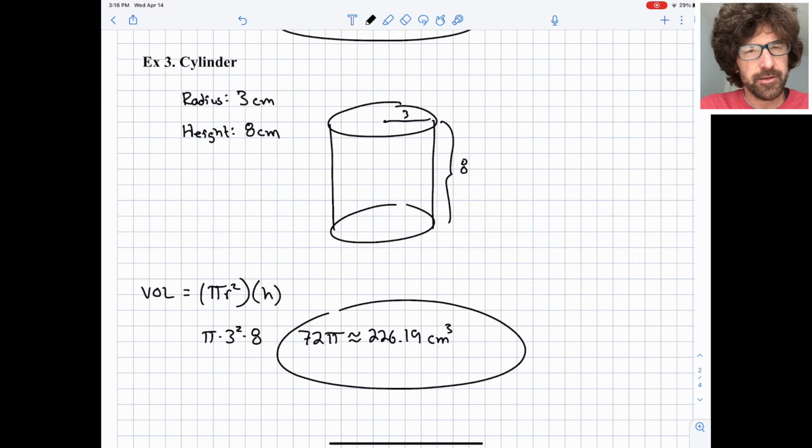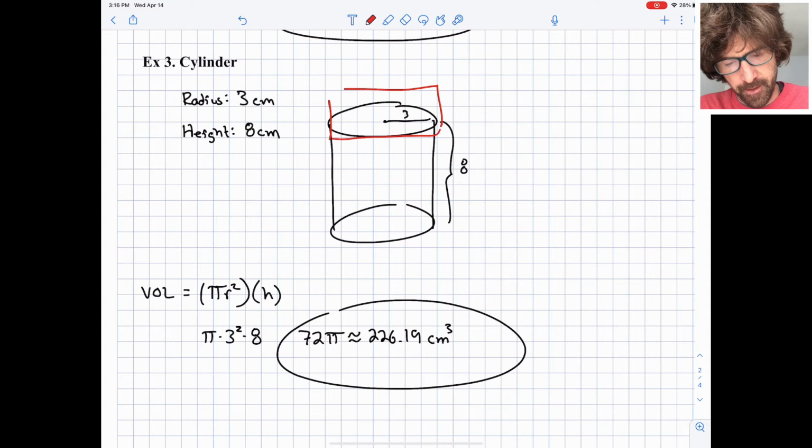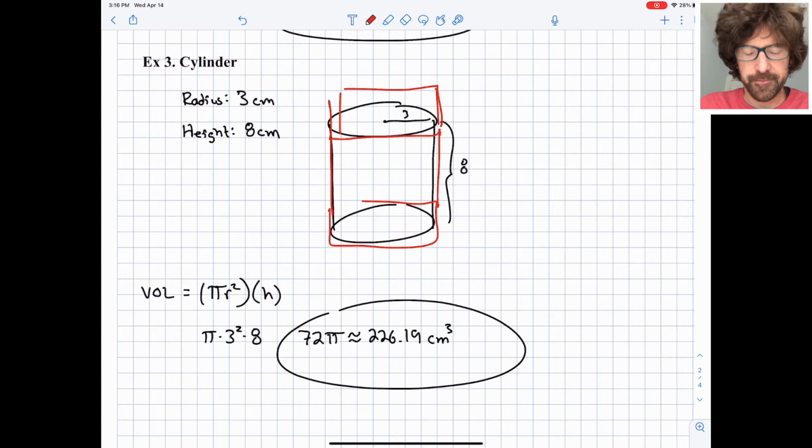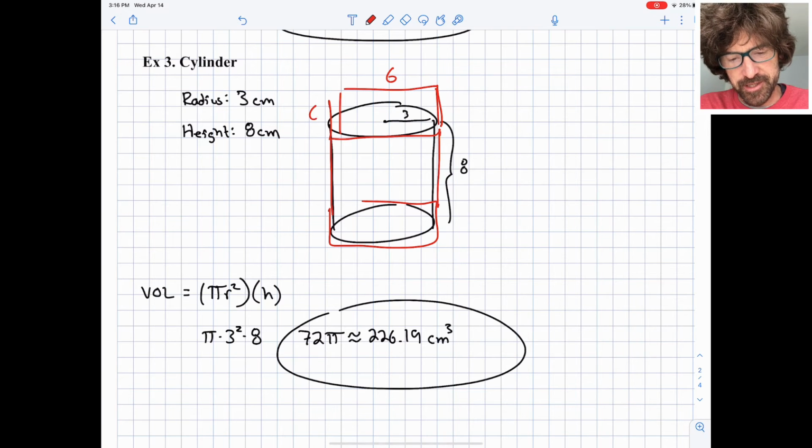I just had a random thought: how can we think about whether that's a reasonable solution? Just as a little bit of a tangent here, let's imagine that this is a rectangular prism with square bases. And those bases could be represented as 6 by 6.